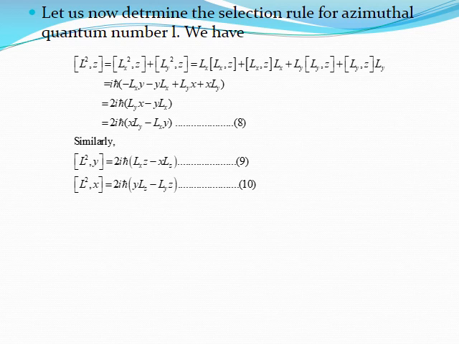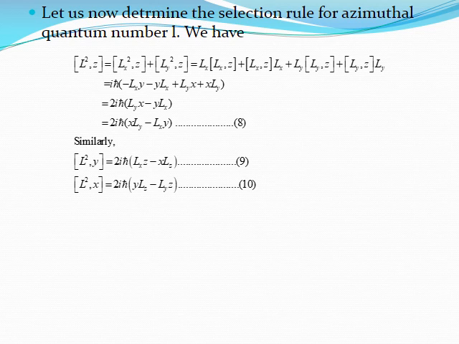We have the commutator [L², z] = [Lx² + Ly², z] = Lx[Lx, z] + [Lx, z]Lx + Ly[Ly, z] + [Ly, z]Ly, which equals iħ(−Lxy − yLx + Lyx + xLy) = 2iħ(Lyx − yLx) = 2iħ(xLy − Lxy), equation 8.